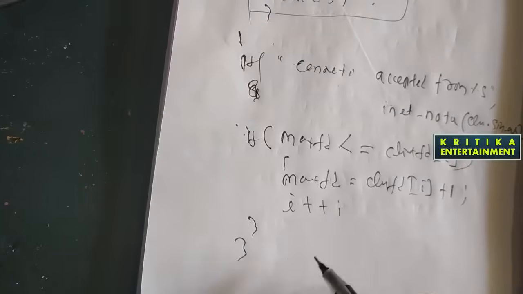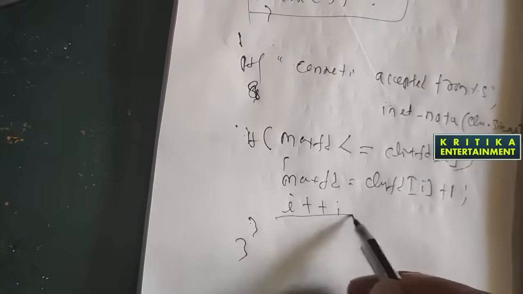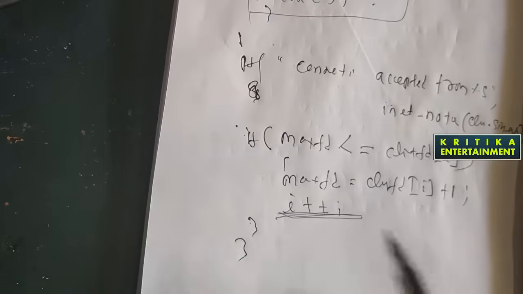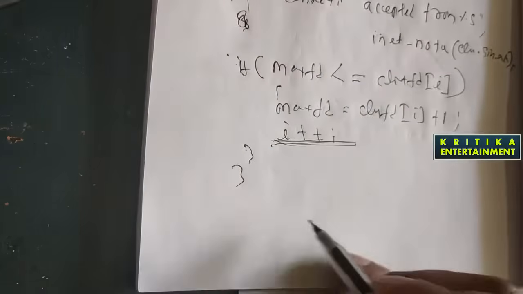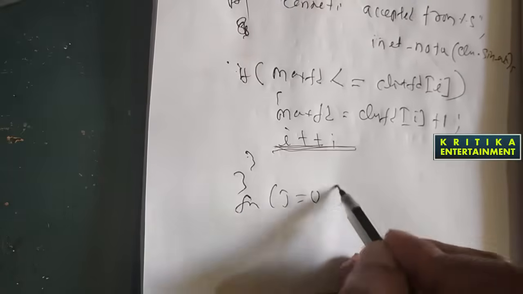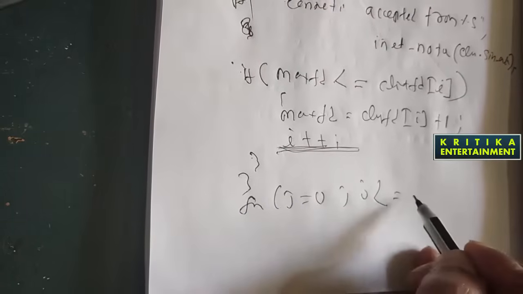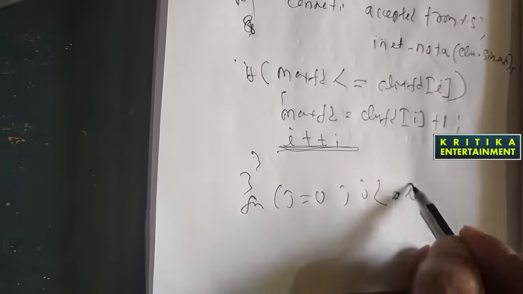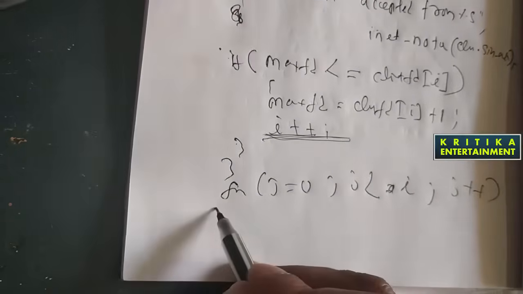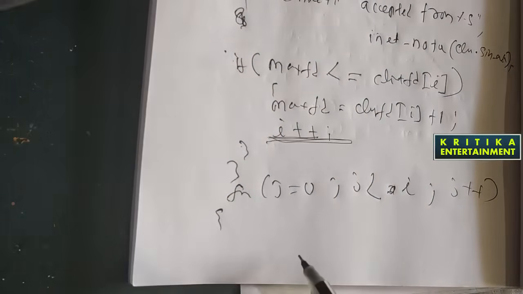Then after finding the number of clients by increasing i plus plus, I will again use one loop: for j is equal to 0, j less than i, then j plus plus.